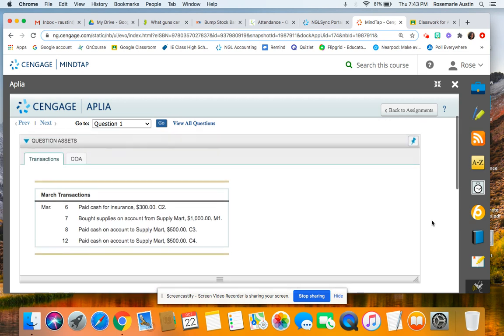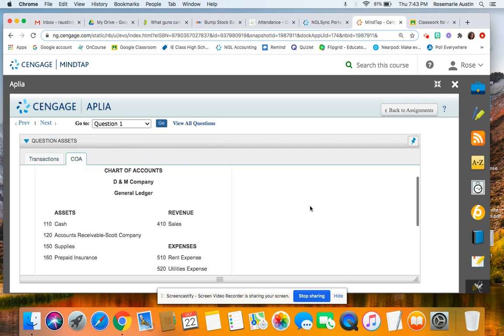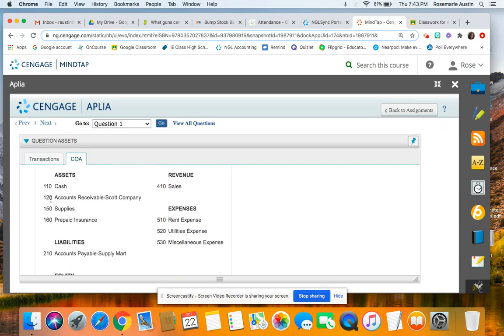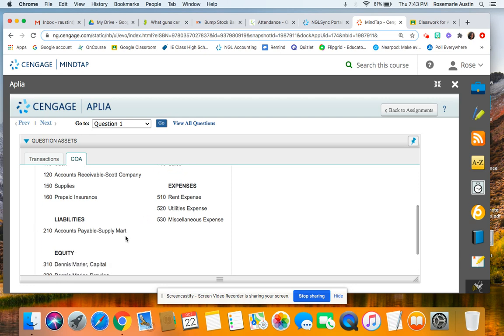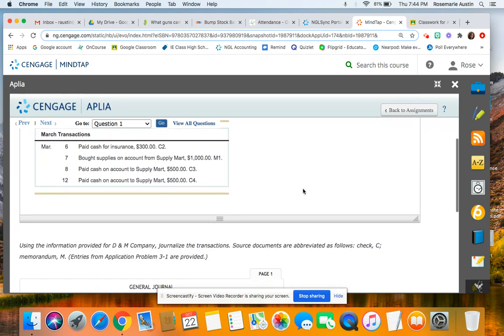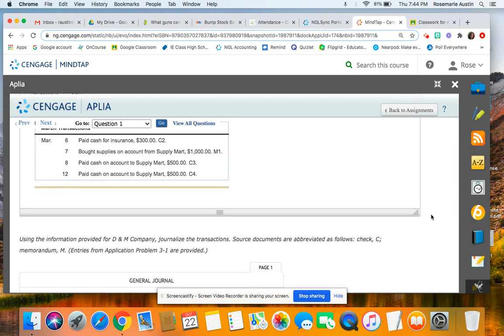If you get confused between account receivable and account payable, you can look at the chart of accounts, and you'll see that it's not an asset, it's not an account receivable because it's not even listed there. So it is definitely an account payable because it's under the liability section.